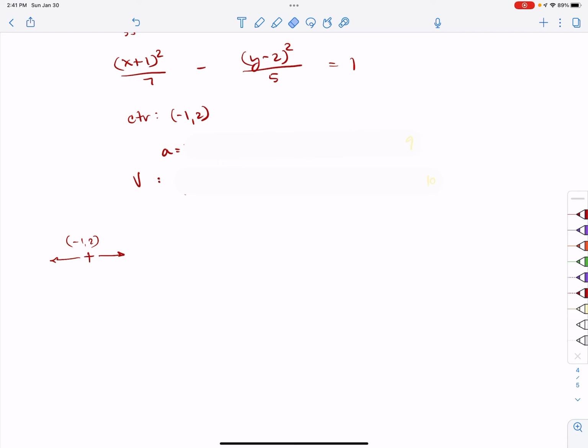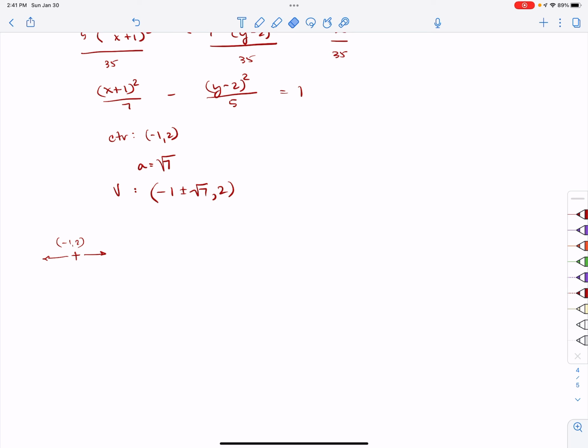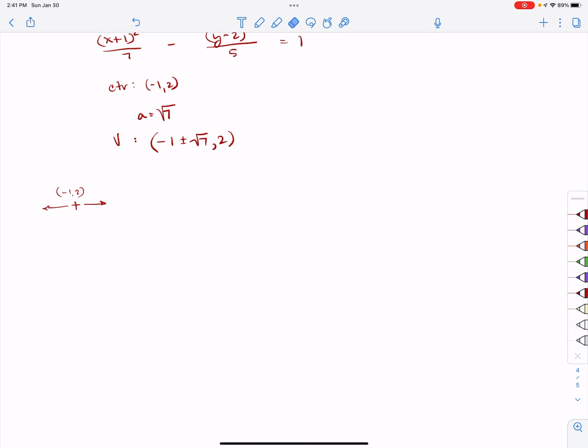Now, a squared is 7, so my a value is the square root of 7. So I'm going to go to the right and to the left, a square root of 7. So starting at that -1, we'll go right and left root 7. My y value of 2 is unchanged. And that's the final example for the hyperbola section.